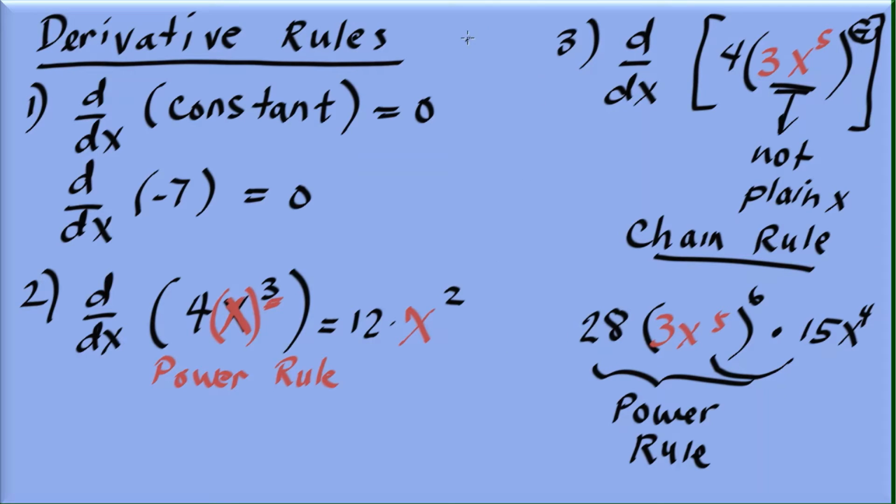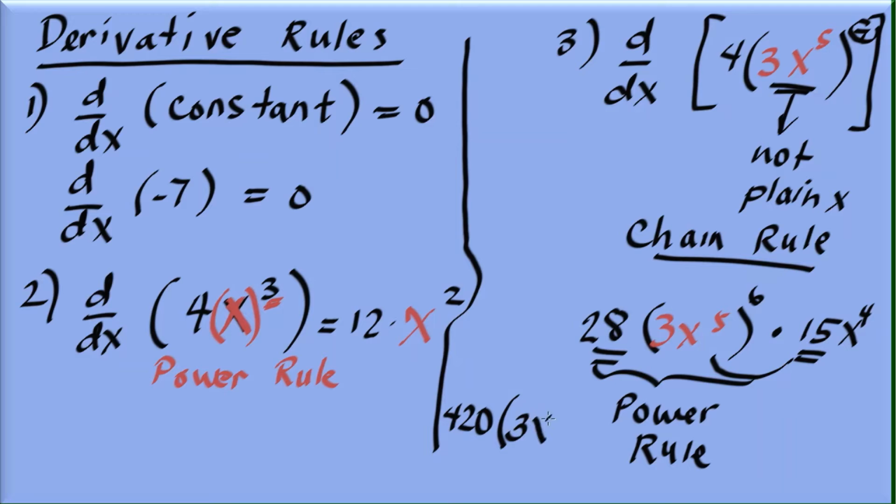And all that's left right now is to simplify this, meaning multiply this 28 and 15. 28 times 15 is equal to 420. And then you can leave your 3x to the fifth as is.